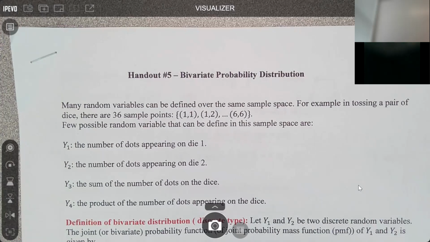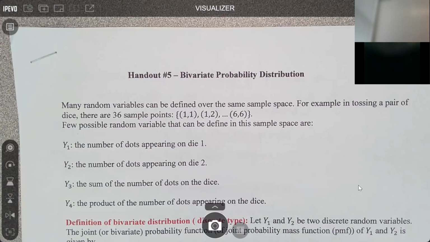Now what I'm saying right now is joint probability. Joint probability means that y1 is a random variable taking a value, and y2 is another random variable taking a value.